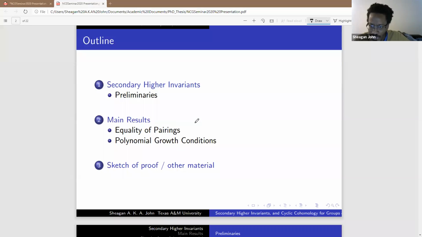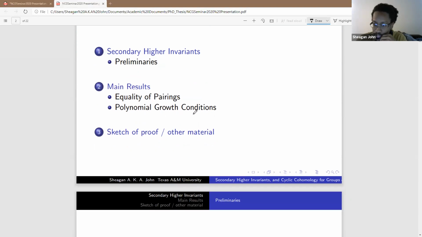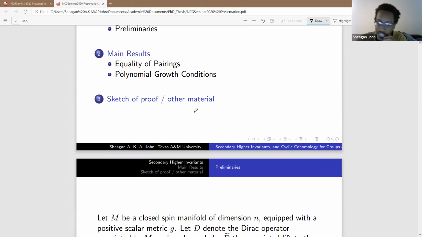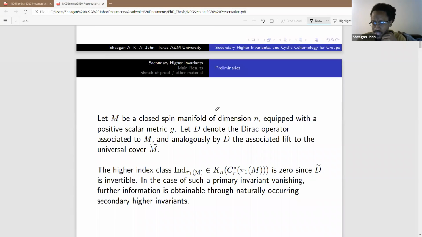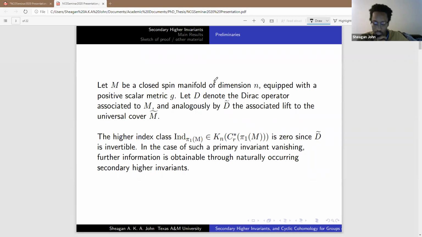So that's going to be the idea. And I suppose since almost everybody here is going to be an expert in the material, I'm not going to be too laborious with the introductory definitions and so forth. Okay, so let me just set the stage for what is going on.